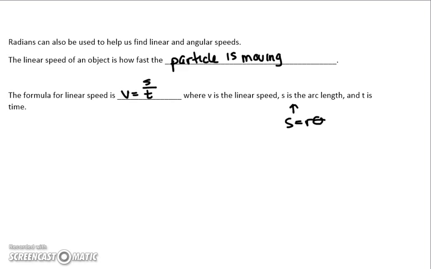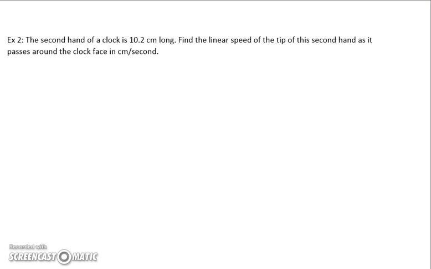So let's look at a problem where we can use that. The second hand on a clock is 10.2 centimeters long. Find the linear speed of the tip of this second hand as it passes around the face of the clock in centimeters per second.